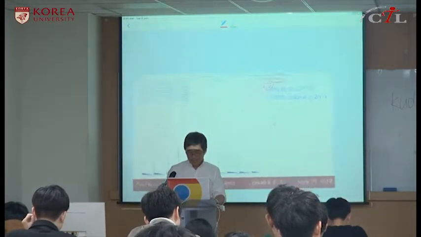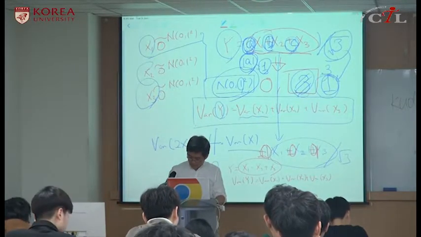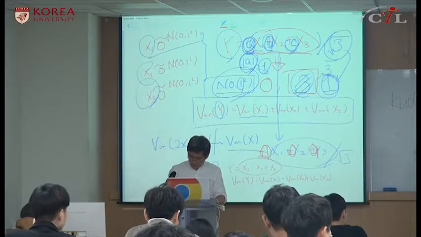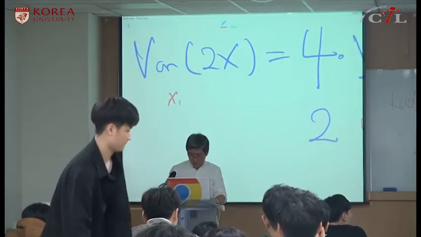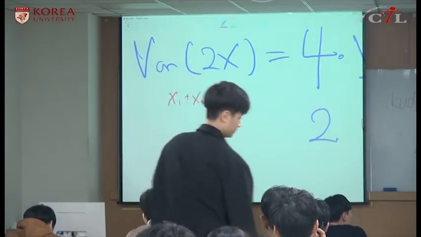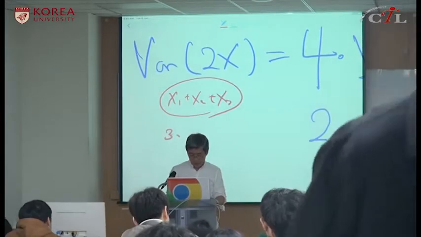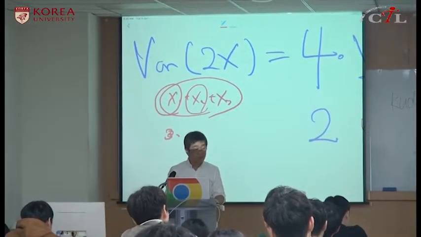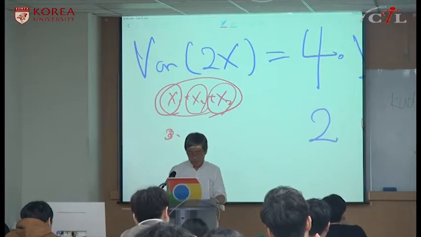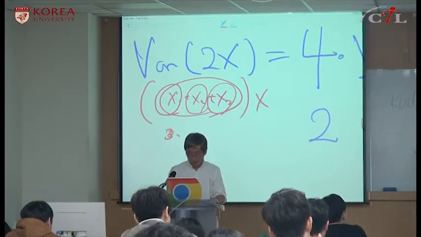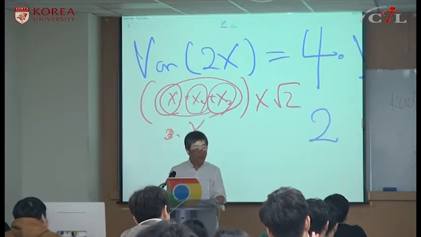So in that case, x1, x2, and x3 will have the variance of 3 times, the sum of the variance of each of these variables, right? And now if we consider the square root of 2 times this random variable y, okay?